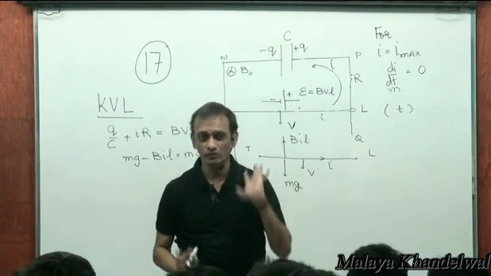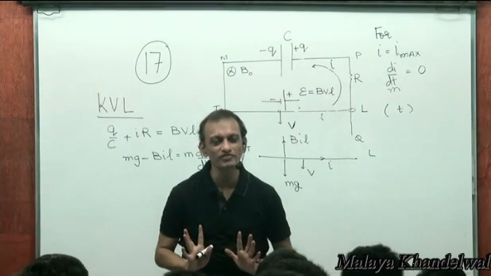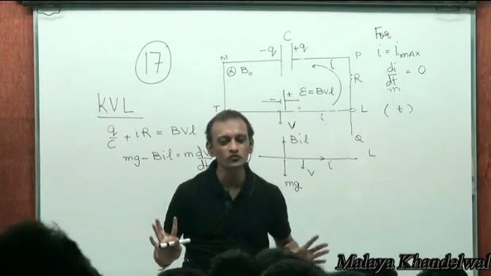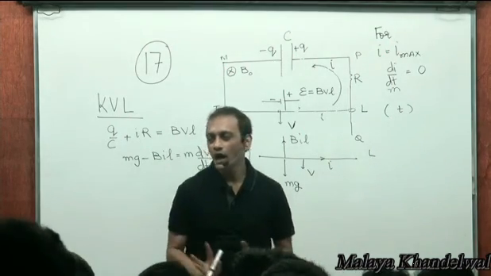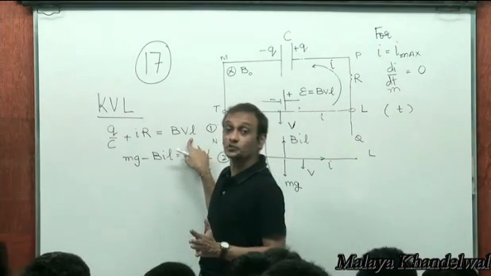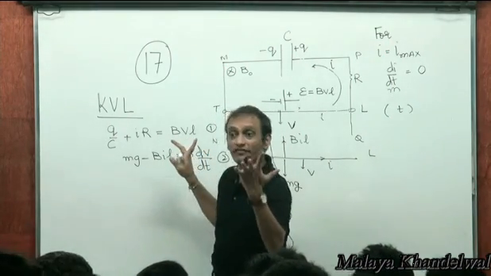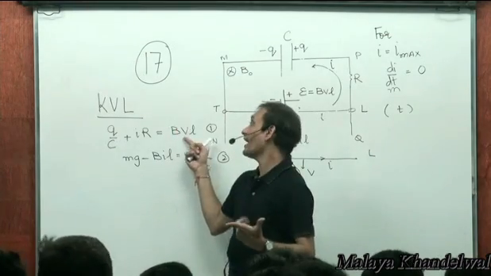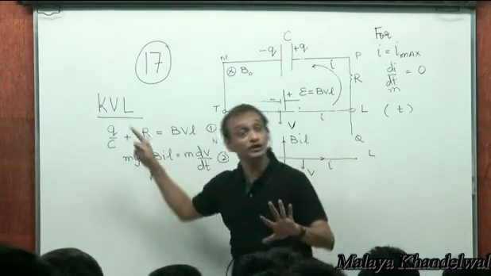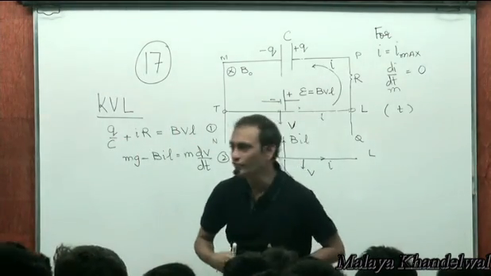Clear? So we need to bring a dI/dt somewhere, right? We also don't want q to stay. So I would like to differentiate one with respect to time, in which a twofold advantage, a dI/dt will appear and dq/dt will become I. So I want to deal with I.